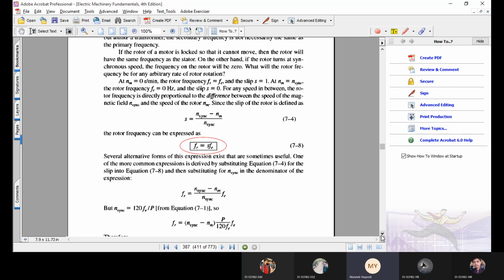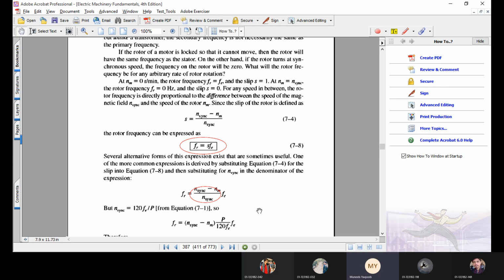Then comes another short derivation. If we put the formula for slip in place of slip in equation 7.8, the rotor frequency becomes (n synchronous minus nm) divided by n synchronous, times fe.